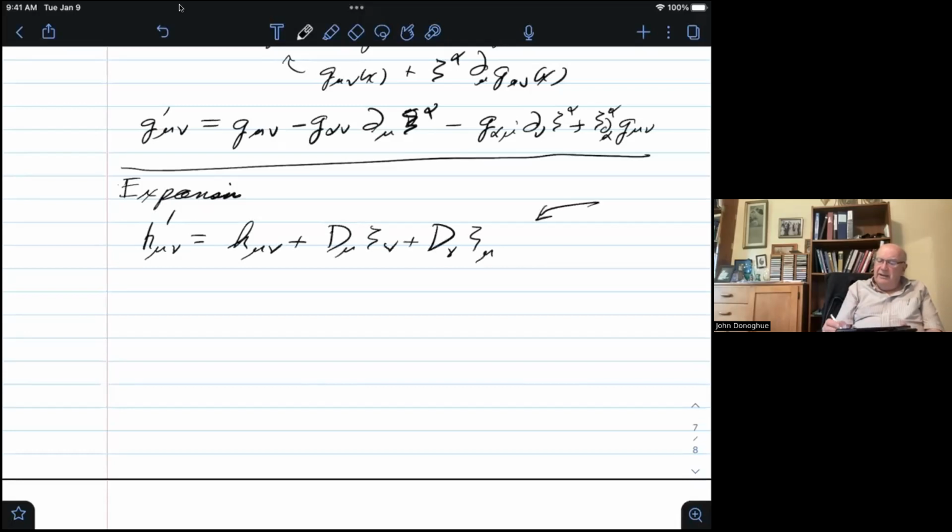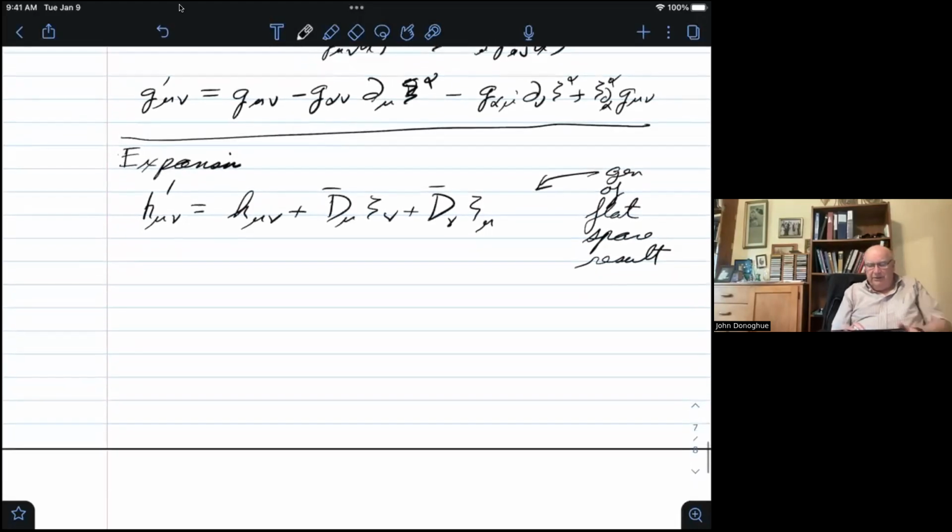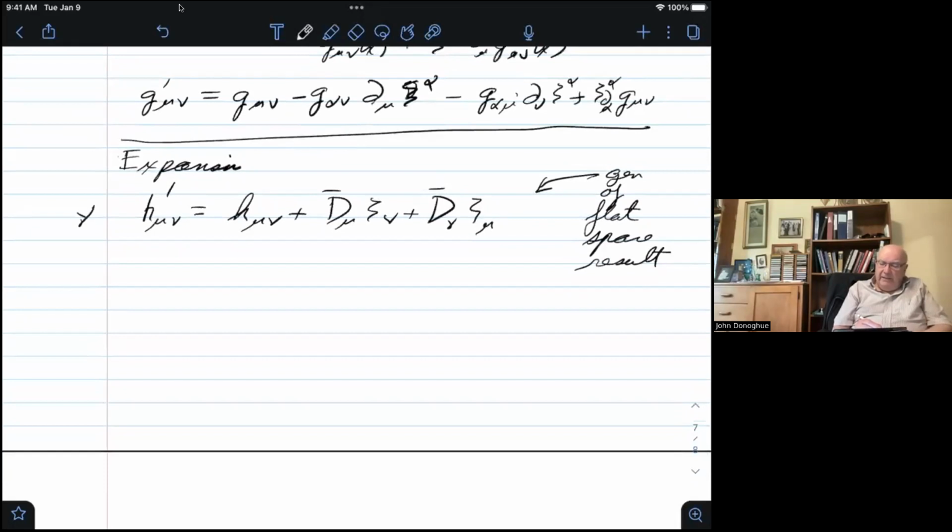This was just the background field generalization of the flat space result. And perhaps I could have just jumped straight to that. There's a gauge invariance that basically shifts H by the derivatives of this gauge transformation parameter, but they're covariant derivatives.